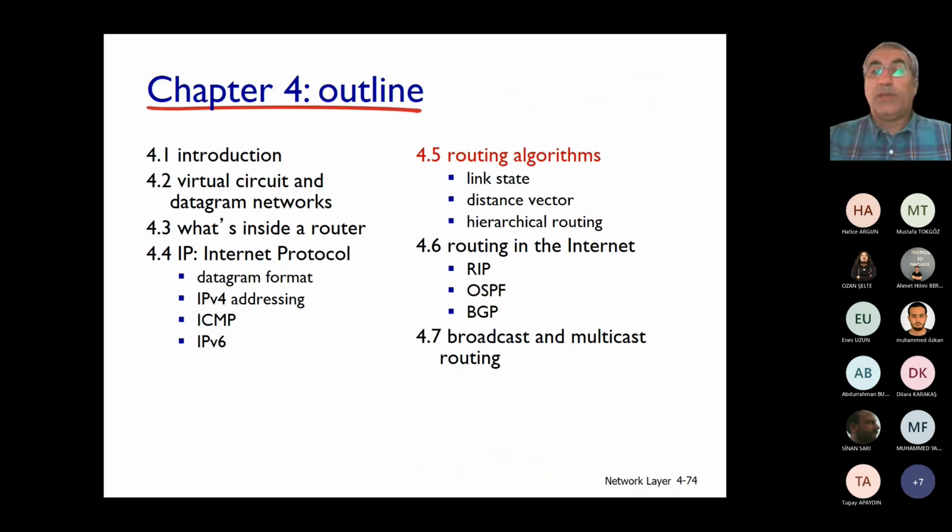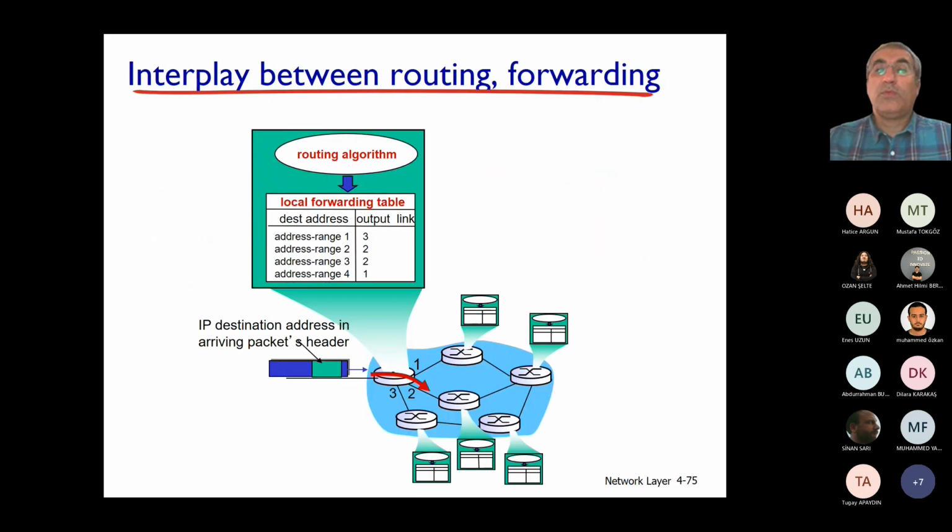Okay, so first of all, there are two main approaches in terms of routing. The first one is called link state, the other is called distance vector, and there's some practical routing that we call hierarchical routing. So what is routing and forwarding? If you guys remember, routing is responsible for determining the end-to-end path from source to destination.